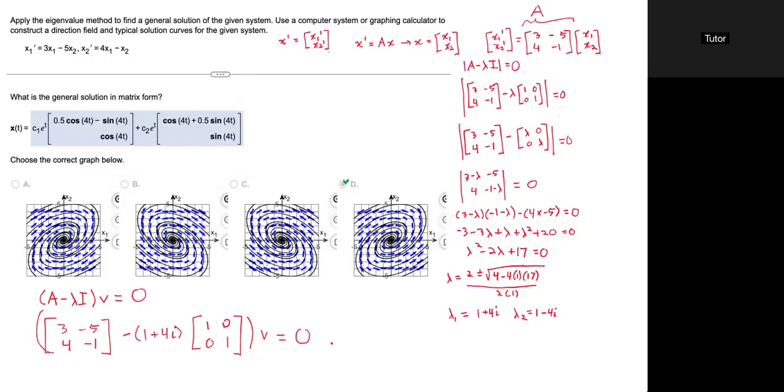So simplifying the expression inside the parentheses, we have that this matrix equals 3 minus 1, which is 2, minus 4i, -5 minus 0, which is -5, 4 minus 1, which is 3, and then minus 4i, and then -1 minus, oh wait, sorry.